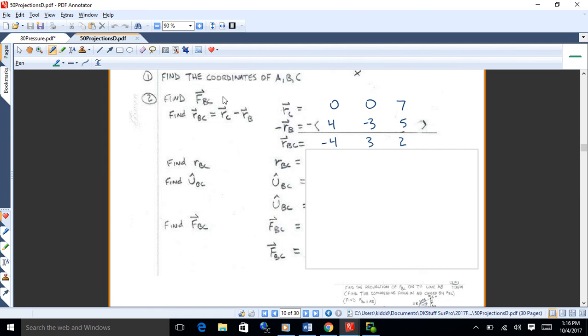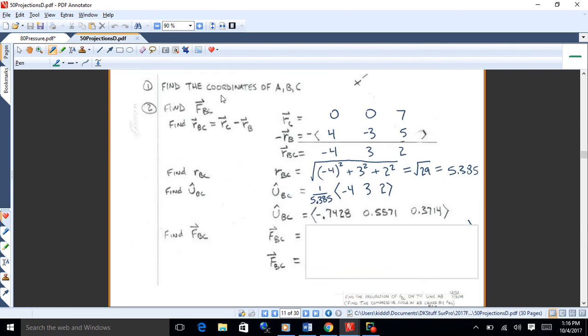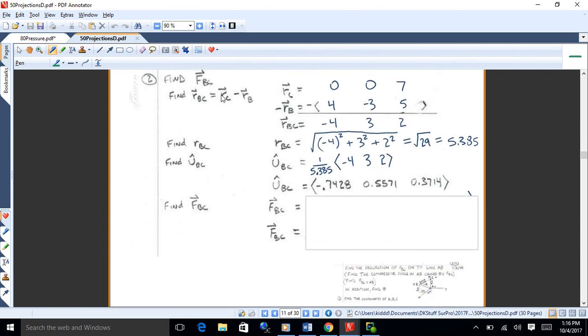What you gotta do is, yeah, the magnitude goes right there, however we see it. Okay, magnitude ought to be about 5.385.